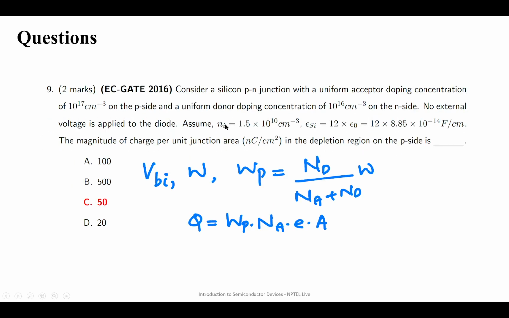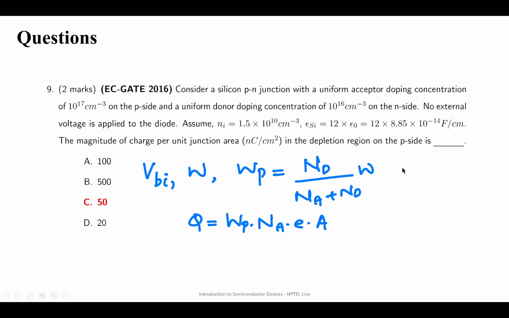So in this question, we know it's an abrupt junction, since the doping is uniform. For an abrupt junction, the depletion region on the p side will have a charge profile from minus xp to 0, with uniform charge density qNA.